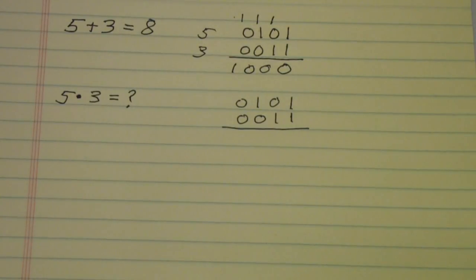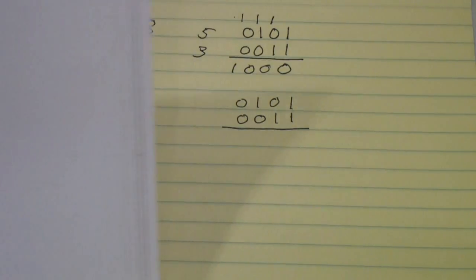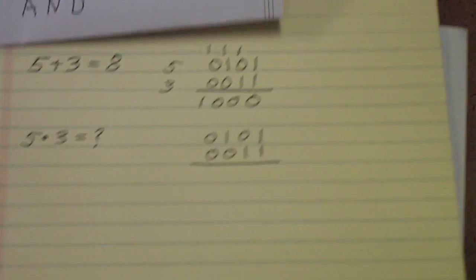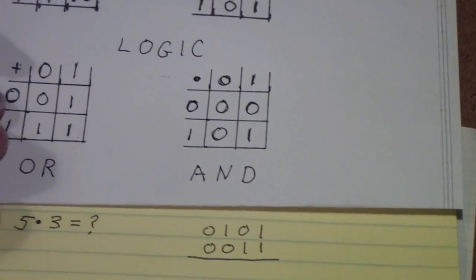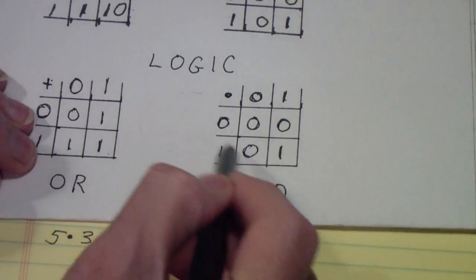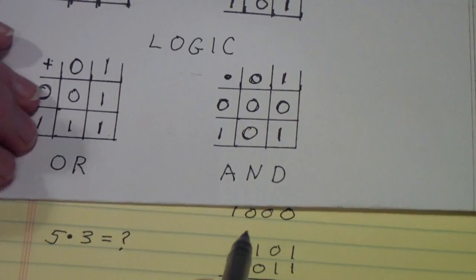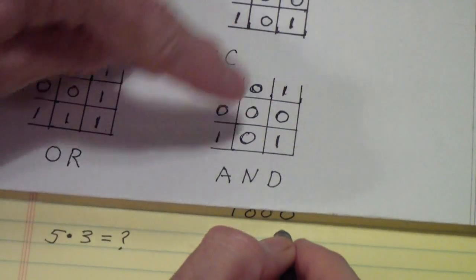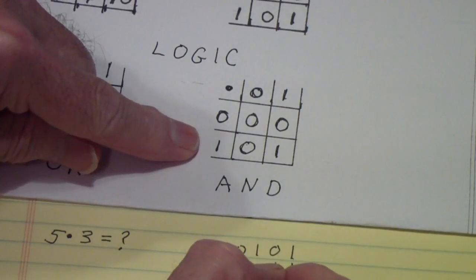Now let's look at how an AND operation differs from that. For an AND operation, we have to look at our logic tables. In this case, we're going to be using this logic table. A 1 and a 1 is a 1.